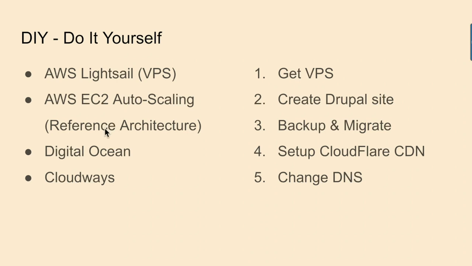Amazon has a reference architecture, a recipe that you can run, and it'll actually set up all the servers for you. I say recipes, but it's like CloudFormation scripts. And then DigitalOcean has servers. You can create VPSs and deploy to them.